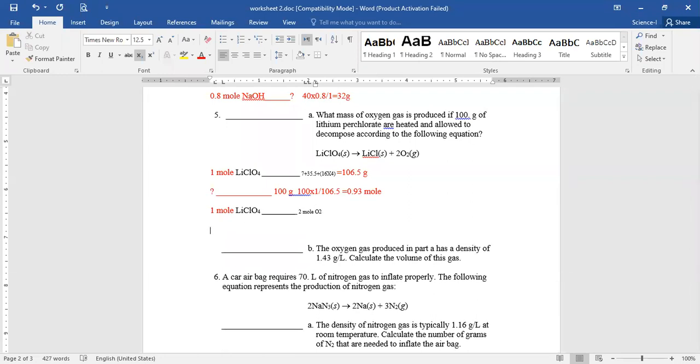So then how many moles of lithium chlorate do we have here? 0.93. Okay, so 0.93 mole.